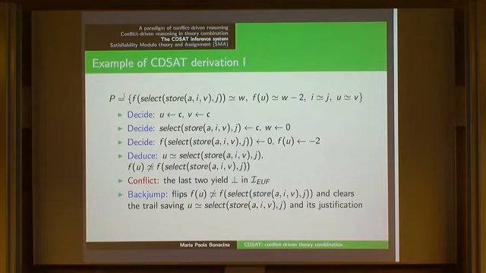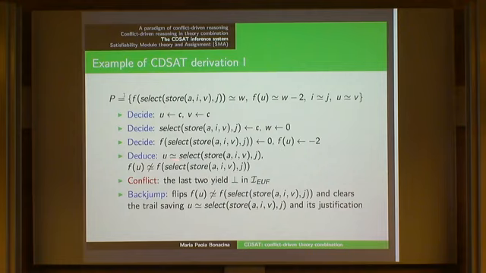At this point, it can make 2 inferences in the theory of equality. It can infer that U is equal to select store. This one it gets because we gave to U the value C and we also gave it to select store. So from this decision and this decision we get this equality.